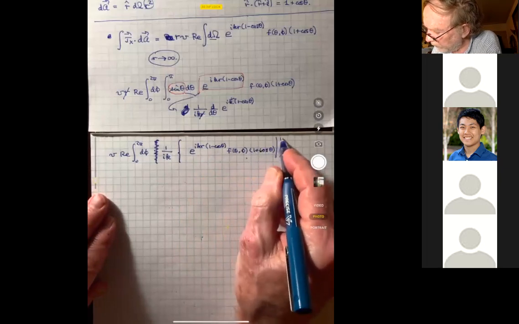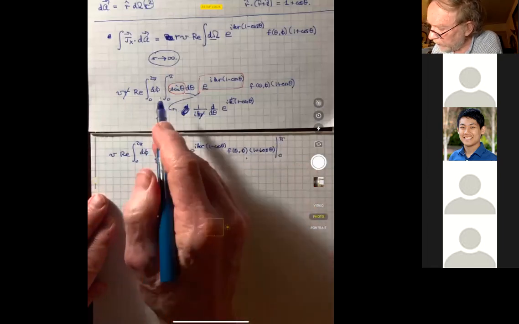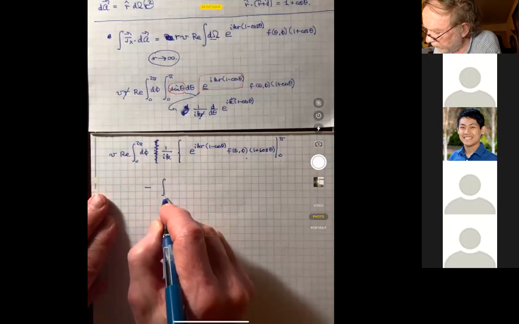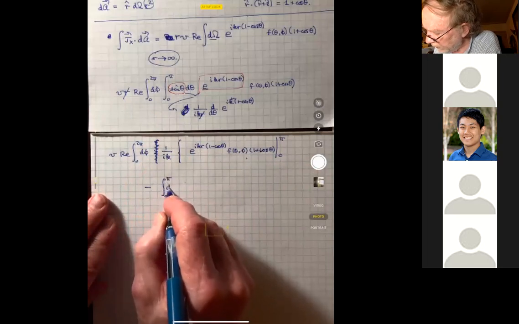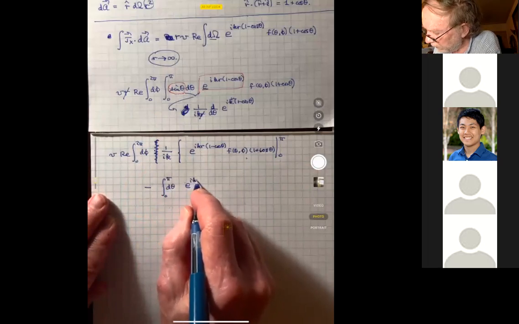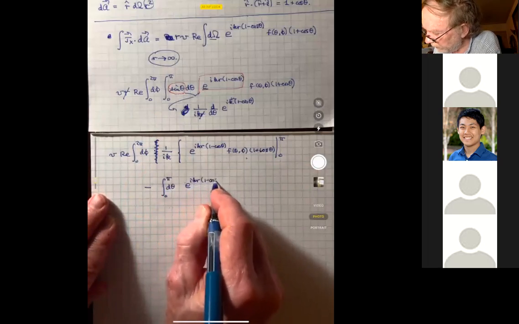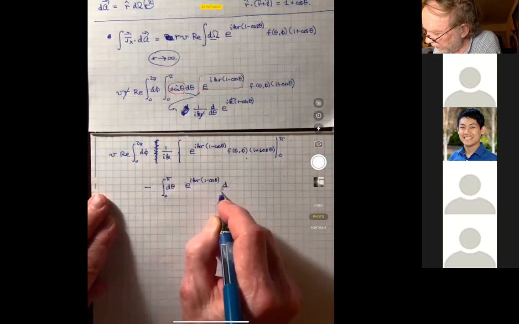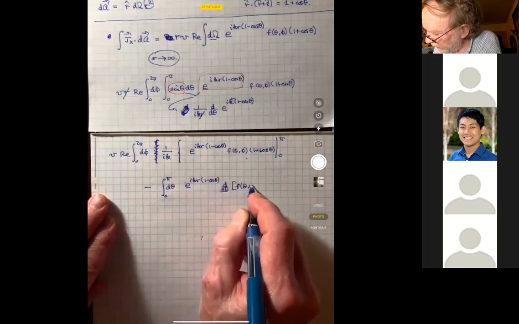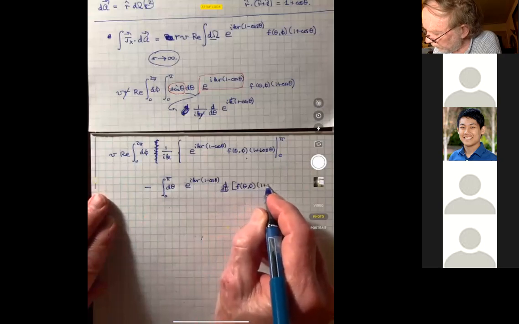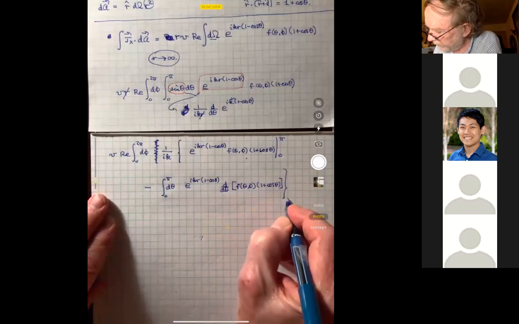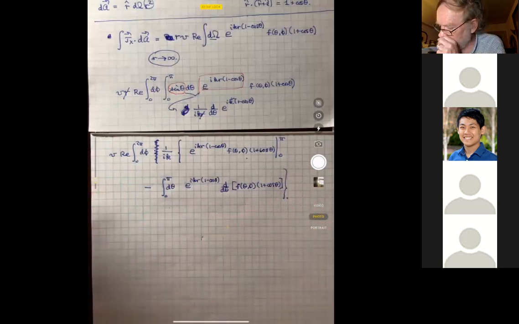And this is evaluated between pi and 0. That's the angular integration here. Minus the integral from 0 to pi d theta of e to the ikr, 1 minus cosine theta, times d d theta applied to the rest of the integrand, f of theta comma phi times 1 plus cosine theta. Close that, close that. So this is integration by parts.